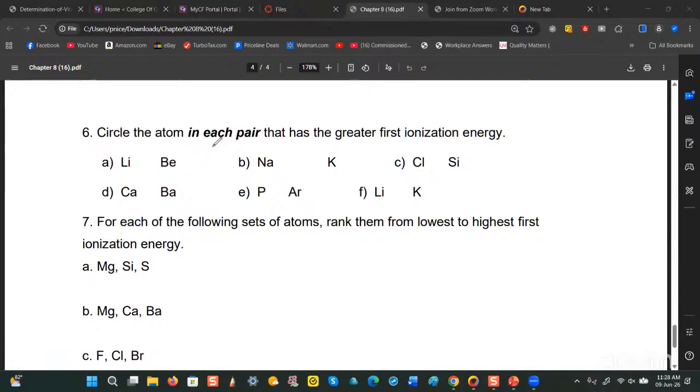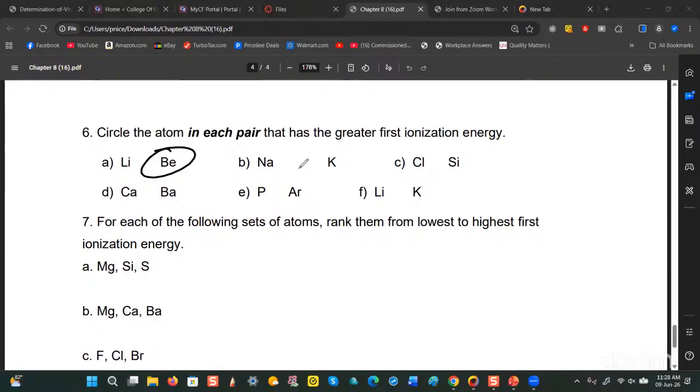They're in the same period. What do we say about going across a period? For the ionization energy, the ionization energy would increase. Exactly. So which of those two would you expect to have the greater? Beryllium. Exactly. Okay, very good.